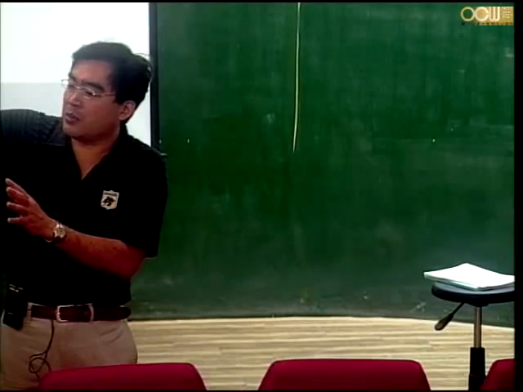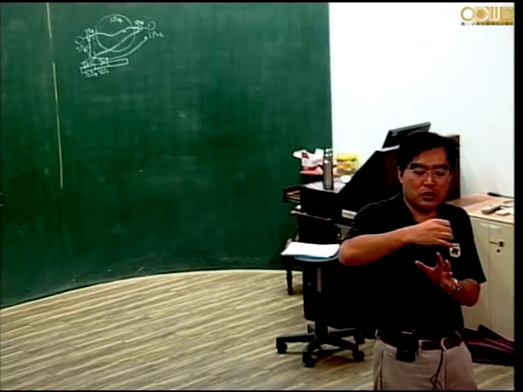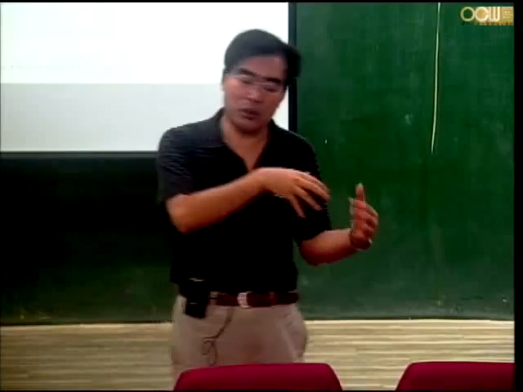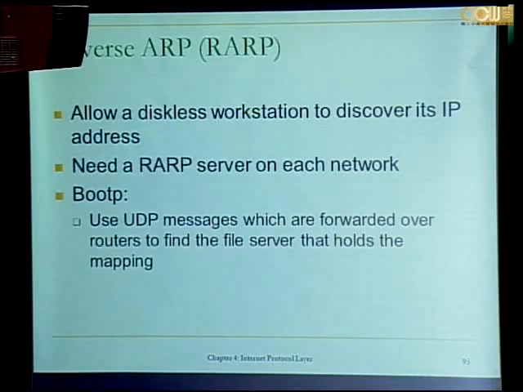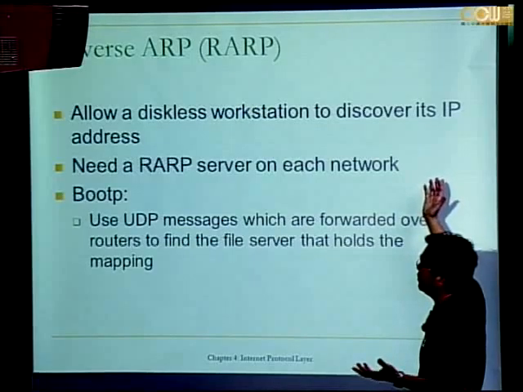If there's a RARP server on that subnet, it will reply to the RARP proxy on the router, and the router would forward it back to me. So I will be able to know my IP address. So either in the straightforward condition that you have a RARP server on your subnet, then fine, done.